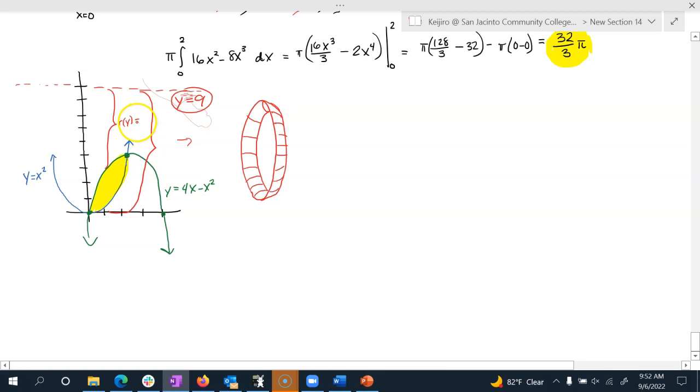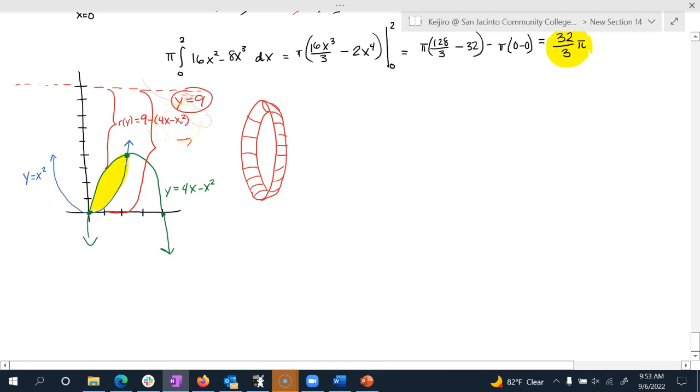Little r is actually 9 minus 4x minus x squared. And honestly, you could do 4x minus x squared minus 9.